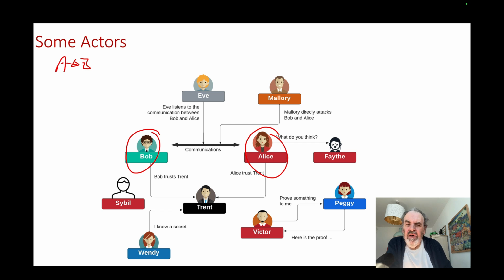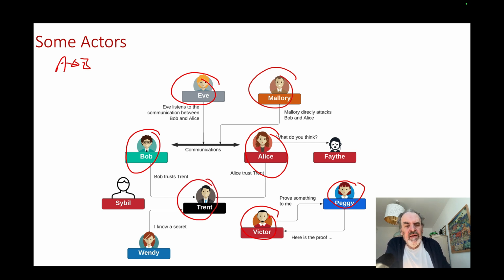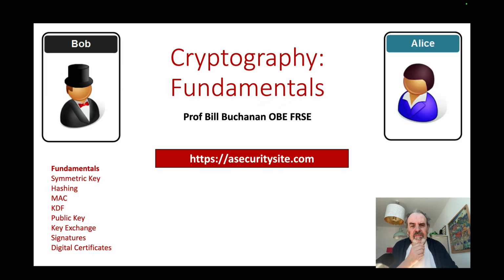Then Bruce Schneier came along and thought up several other names, such as Eve, a passive adversary, Mallory, an active adversary, Victor, a verifier, and Peggy, a prover. And we also have the concept of Trent, where Trent is trusted by both Bob and Alice. Throughout this presentation, we'll outline Bob and Alice, Trent, and a little bit of Eve.